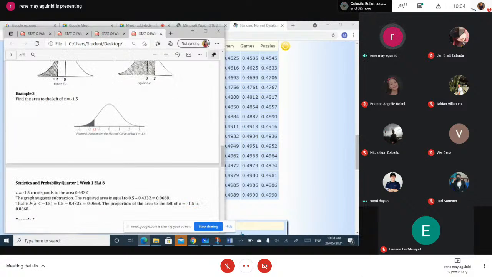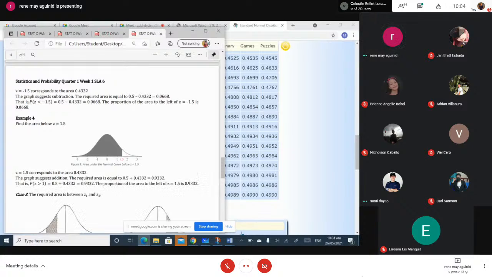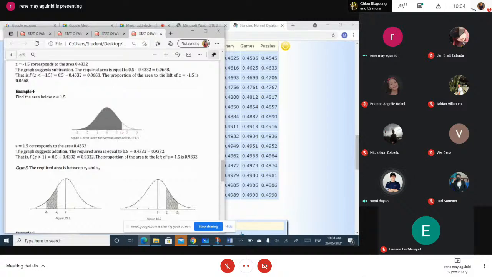Okay, question. Find the area below z that is 1.5. Mas dali rin siya. Kung gamitin nimo ang isa ka table, find the area below 1.5, nag-add pa kag 0.5.